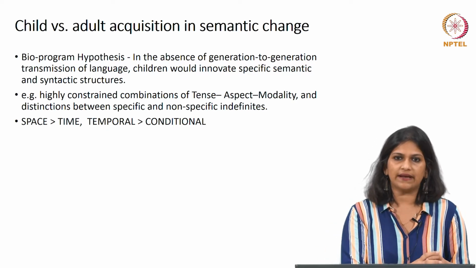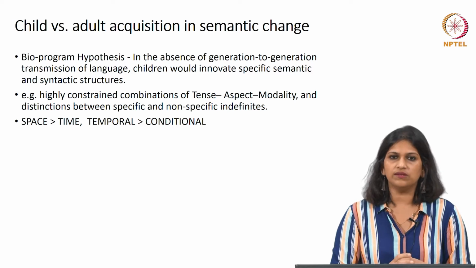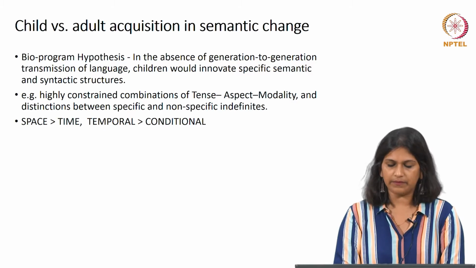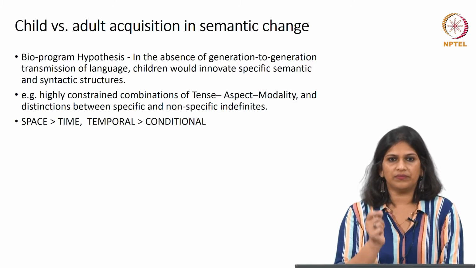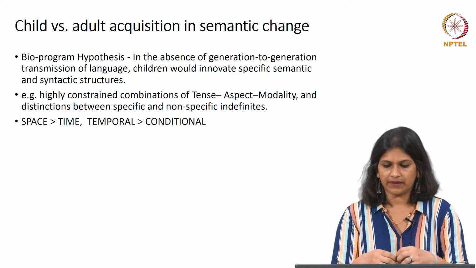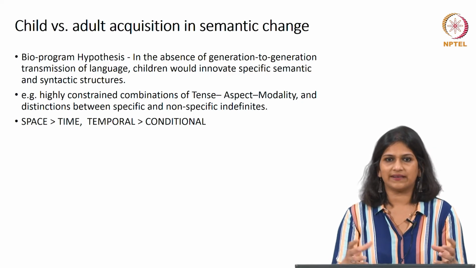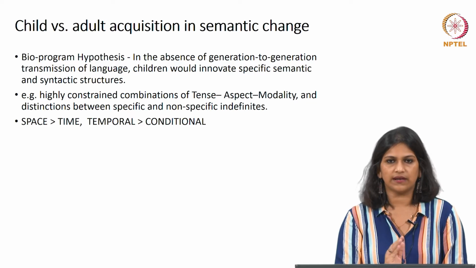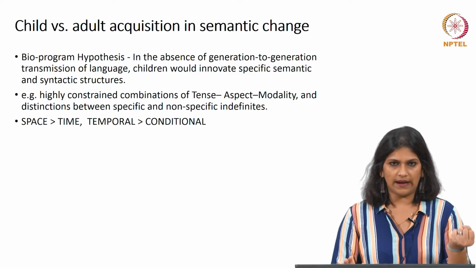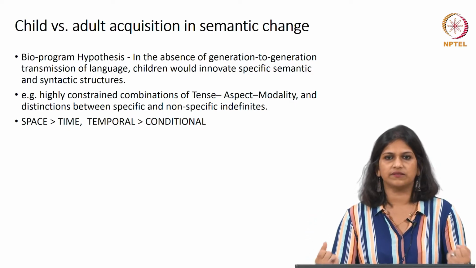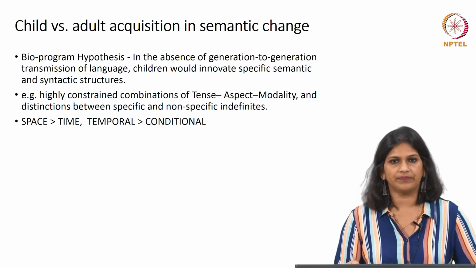Besides the diachronic development, we can also have a look at the synchronic development, where we have to find out the process or the track that involves child versus adult acquisition. So, language acquisition at the child level and at the adult level, what set of semantic changes does it bring?